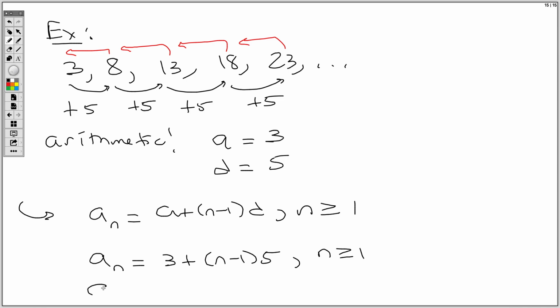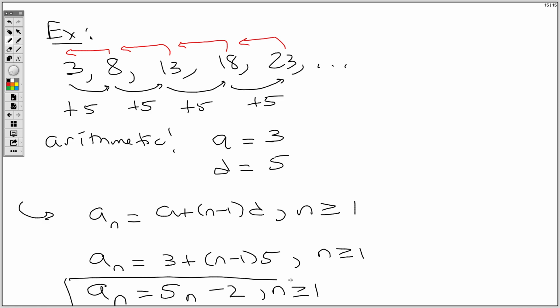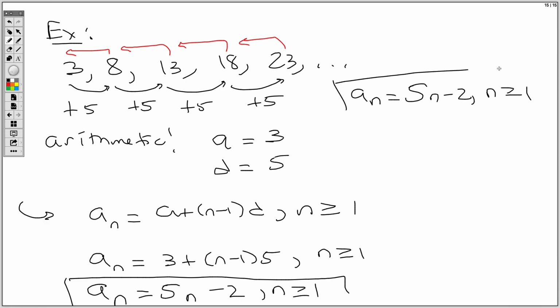If we simplify this, we're going to get 5n minus 5 plus 3, so 5n minus 2. So this would be a formula that would produce this sequence. There we go.